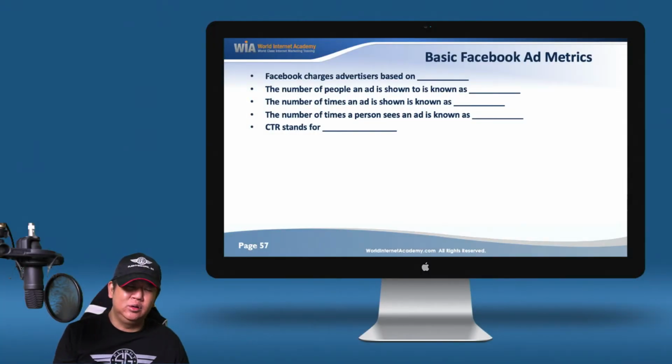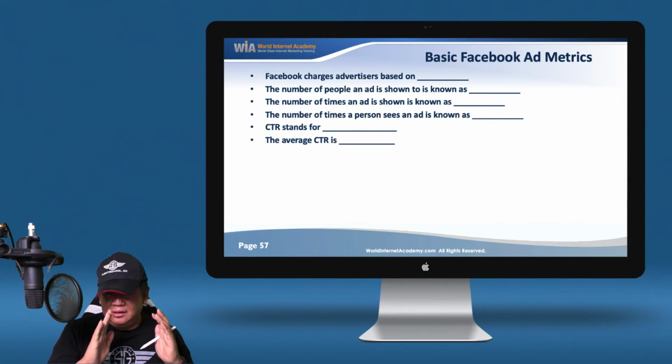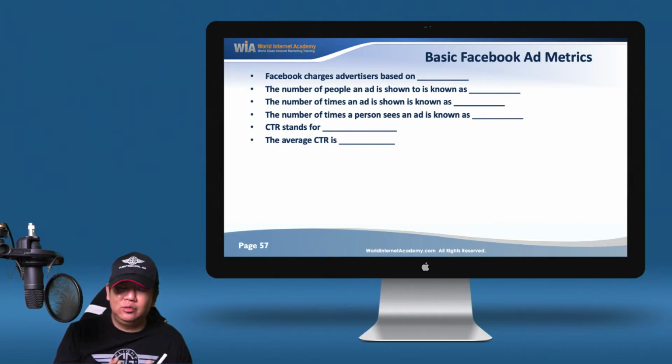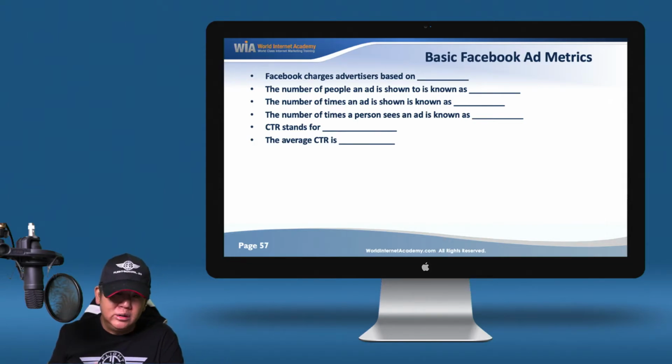Next, let's look at this average CTR. You know the answer is 1%. And average CTR is not 1% throughout the web. It's 1% on Facebook ads in general. In Google, the average CTR should be much higher at 5% or more, and certainly not at 1%.